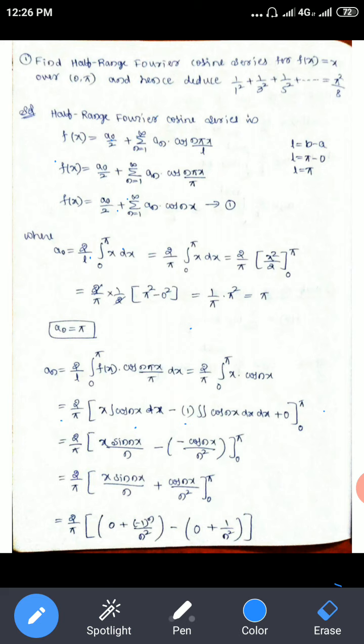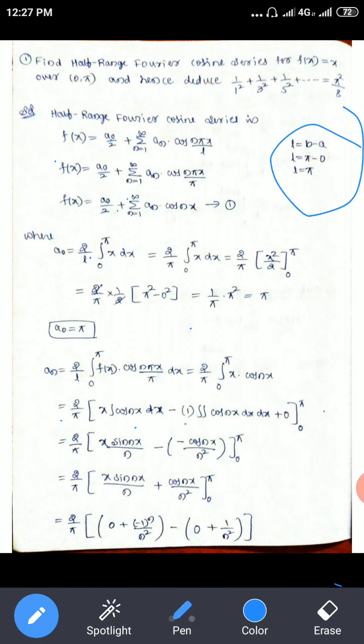In full range it is b minus a divided by 2. In half range it is very important, it is just l is equal to b minus a. So l is equal to, what is b? The end point is pi and a is 0, therefore pi minus 0 is pi. That's what we have calculated here.